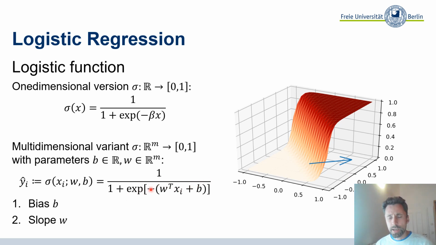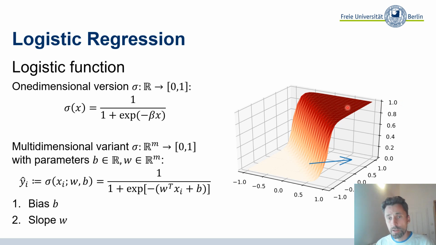So e to the minus something positive, and let's say it's a big dot product, because they are perfectly in line, or X is really far in this direction, then this expression is 1 over 1 plus e to the minus something very big. So this will be 0 here. So this approaches 1. Yeah, and this is what you see.